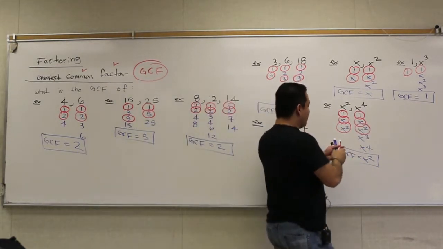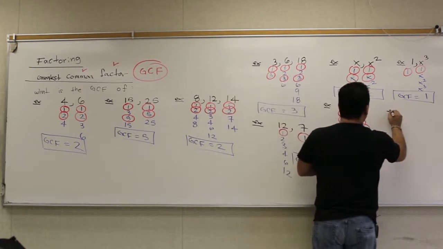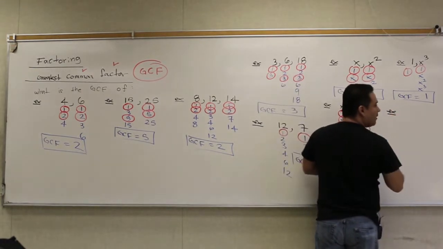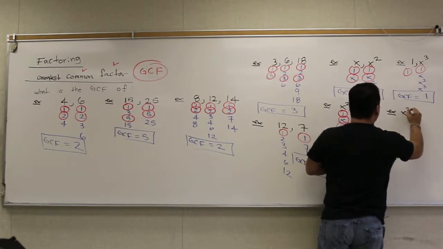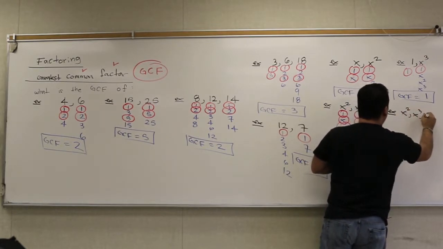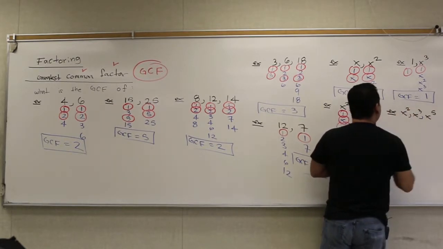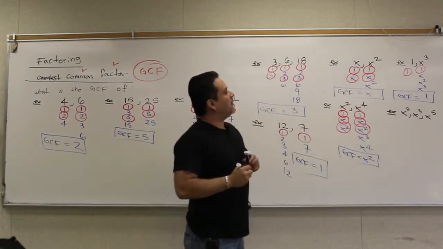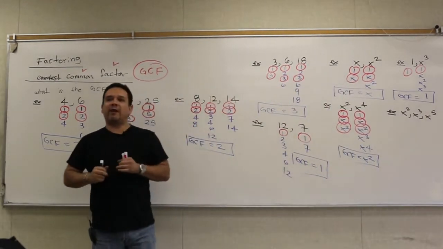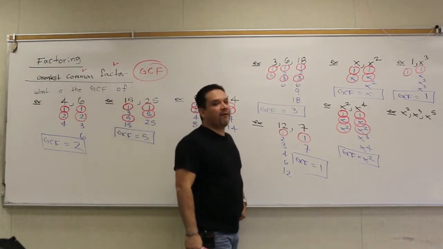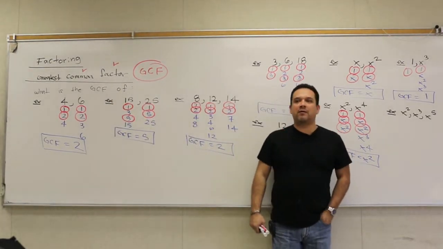Let me try something out here with you. What about x to the 2nd power, x to the 3rd power, and x to the 5th power? Does anybody notice a pattern even with the greatest common factor for your variables?